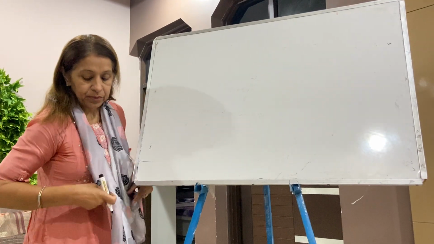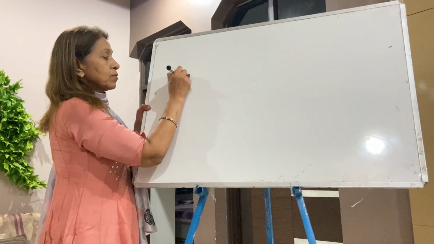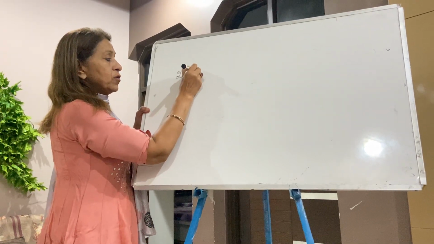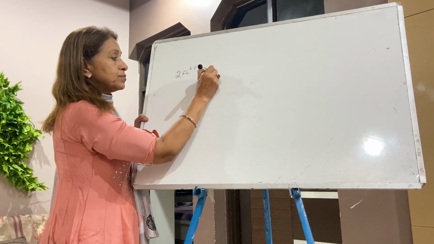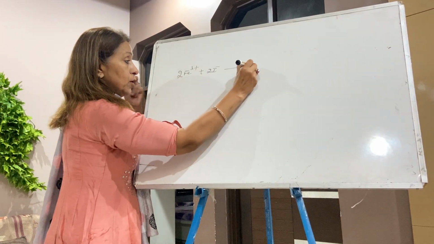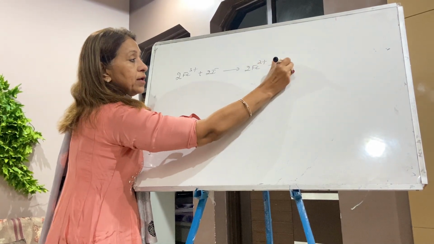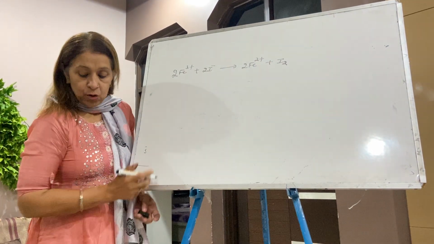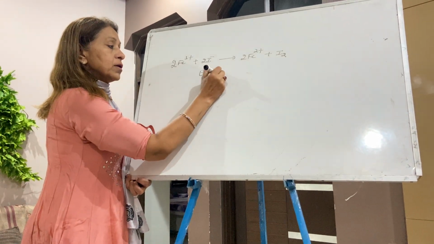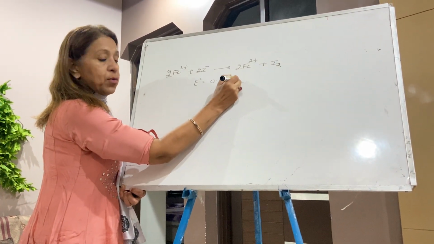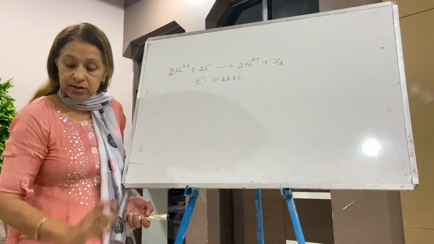Second question: 2 Fe3 plus 2I minus arrow 2 iron 2 plus iodine. The question is, E0 is given as 0.235 volt. The question is to calculate the equilibrium constant.